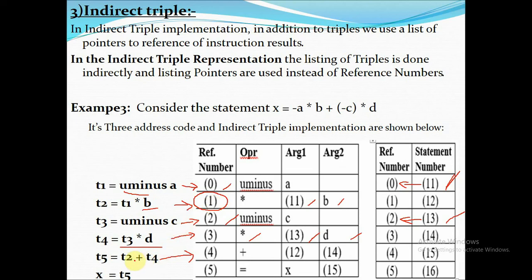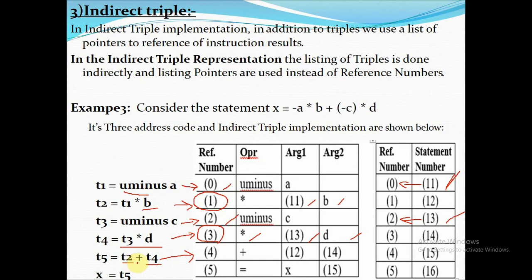Next T4. What is T4? T3 * D, just the previous one. So the previous one's reference number is 3. The first argument here is T2.